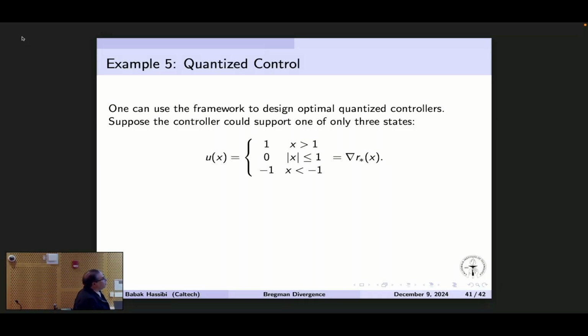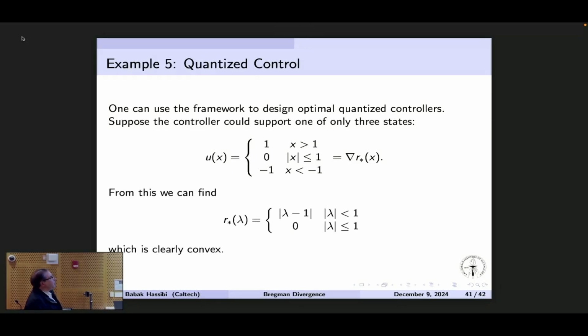Well, this control, if it's in this framework, you can think of as the gradient of the Fenchel dual of the cost on the control. And so from this, you can go back and figure out what the Fenchel dual is by just integrating this out. I haven't done it because I was too tired last night.